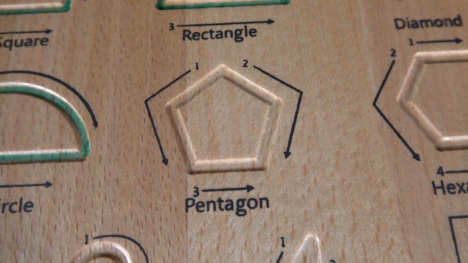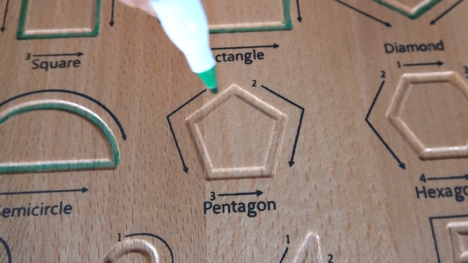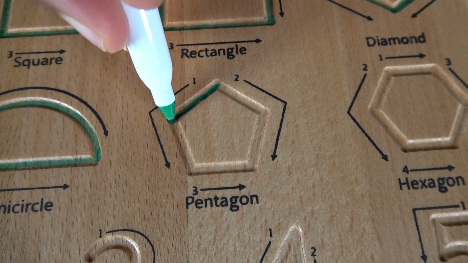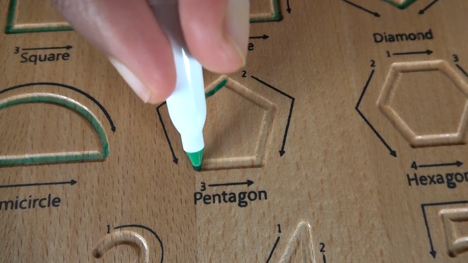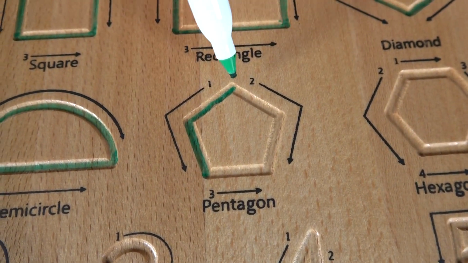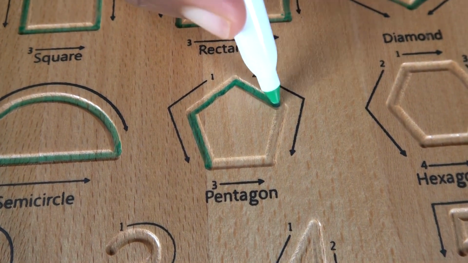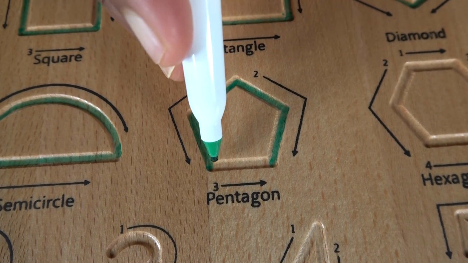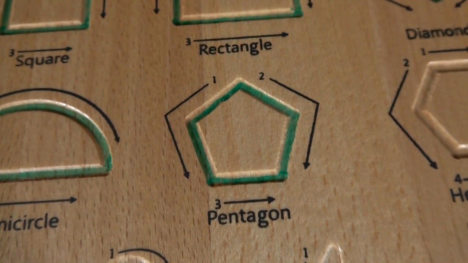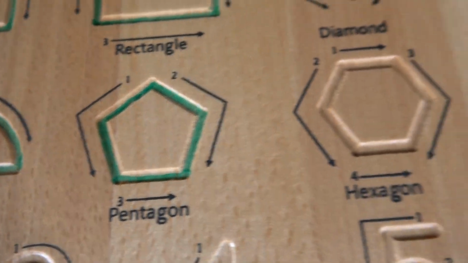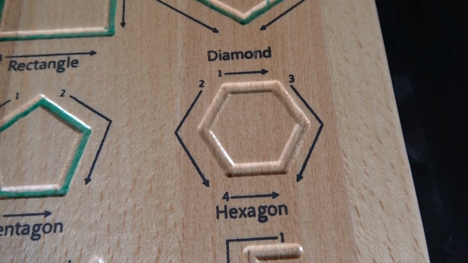Now we'll make a pentagon. The pentagon will go like this. We start from here, and go to this point, and then go down here. And then we'll go back up to the top, go to this point, and then go down, and make this last line, and that is a pentagon. Now we'll make a hexagon.